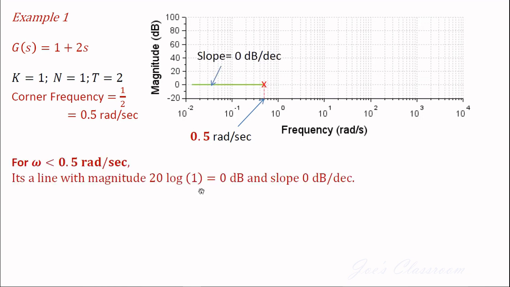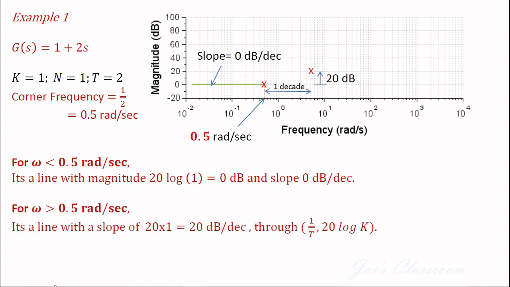And 20 log k, k is equal to 1 here, so 20 log k is going to be 0 decibels. So up to this corner frequency, it is going to be a horizontal straight line at 0 decibels. For frequencies greater than 0.5 radians per second, that is the corner frequency, it is going to be plus 20n because it's a zero and this term is appearing in the numerator, and therefore it is 20 into 1, equal to 20 decibels per decade.